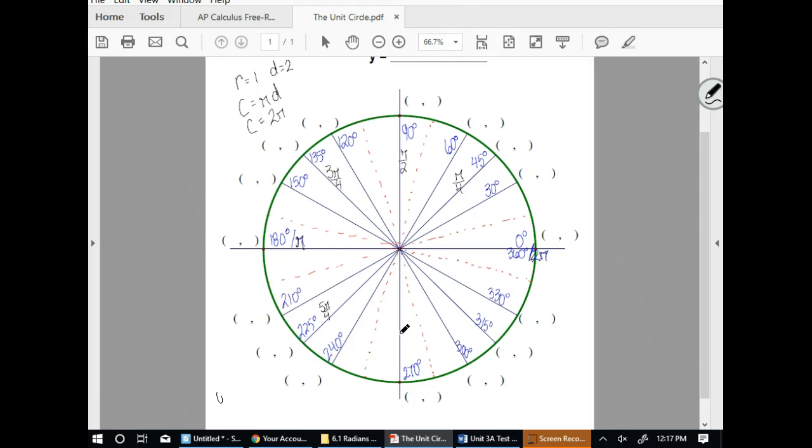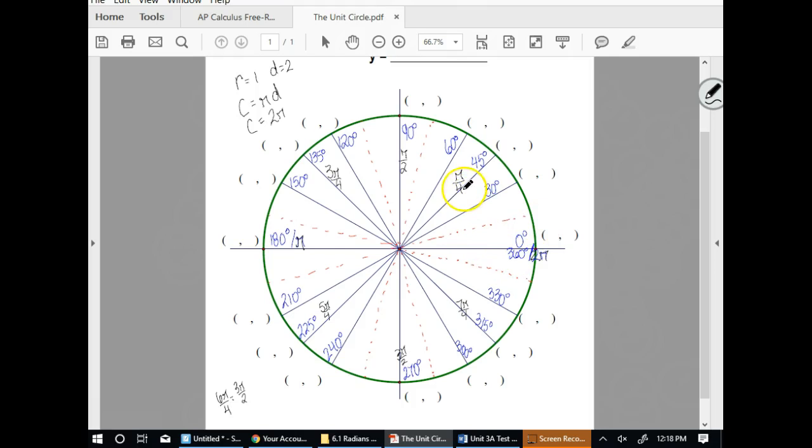But 6 pi over 4 will reduce to 3 pi over 2. So this is 3 pi over 2 right here. And so that was 5 pi over 4, 6 pi over 4, then this one is 7 pi over 4. And then the next one would be 8 pi over 4, but that would reduce to 2 pi.